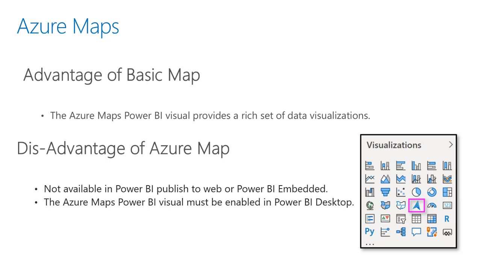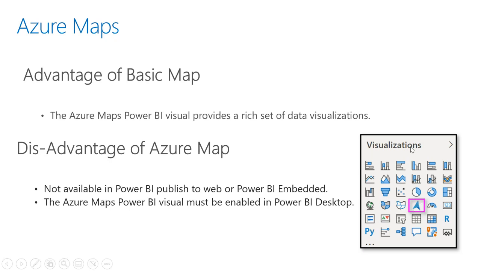Also, since it's still on preview mode, you still go through the same steps of enabling the preview, as we saw before in the shape map. Once you enable the preview, you should access the visual in the visualization pane.